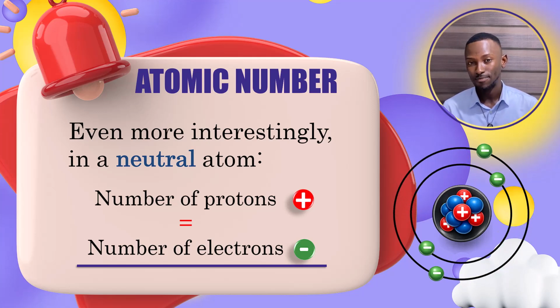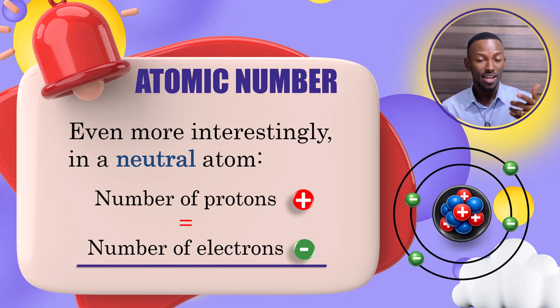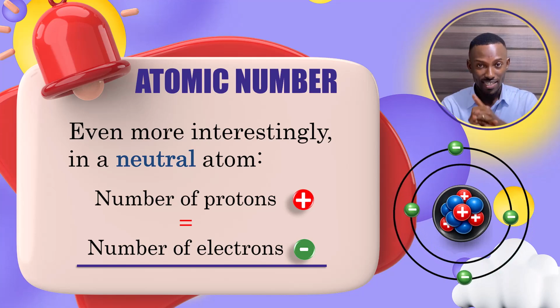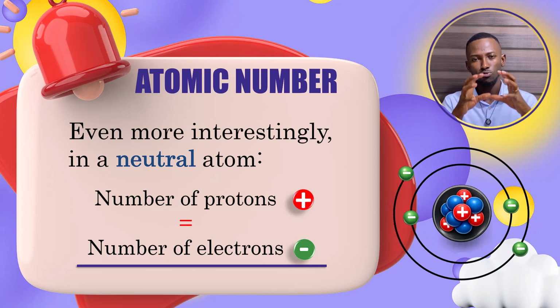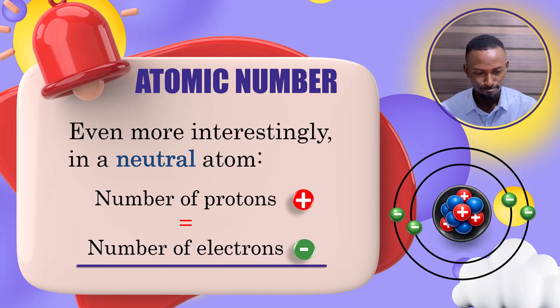I take that again. When we say neutral atoms, we mean atoms that do not have charges. They are neither positive nor negative. They are neutral. In those instances, the number of protons is always equal to the number of electrons.